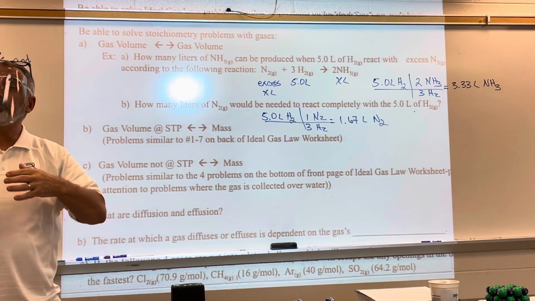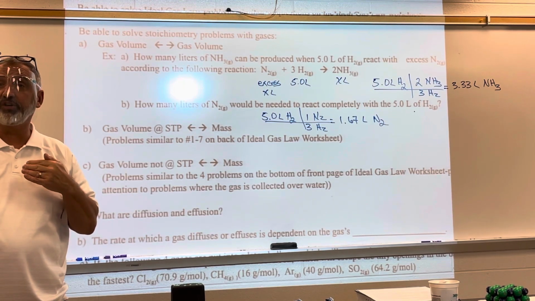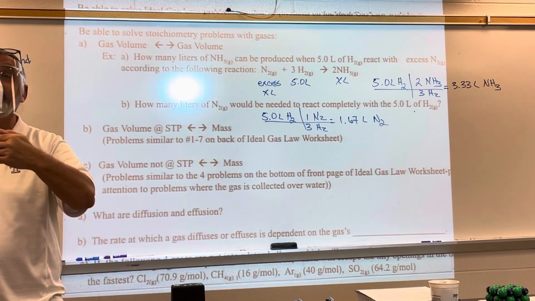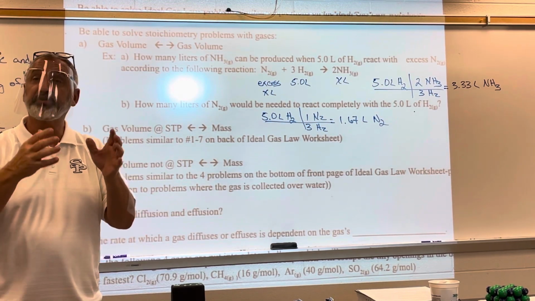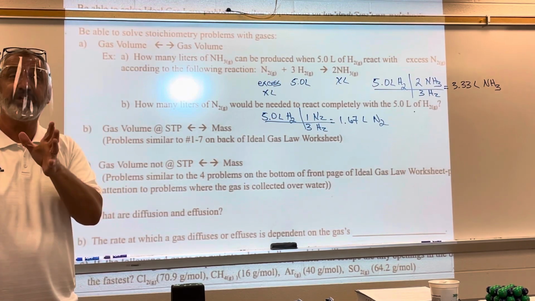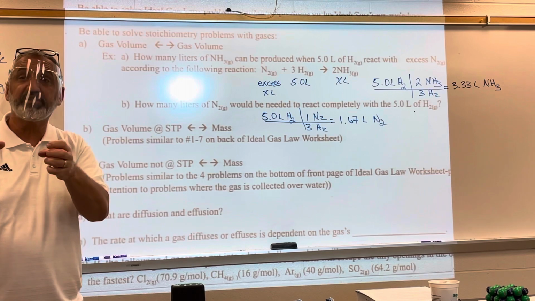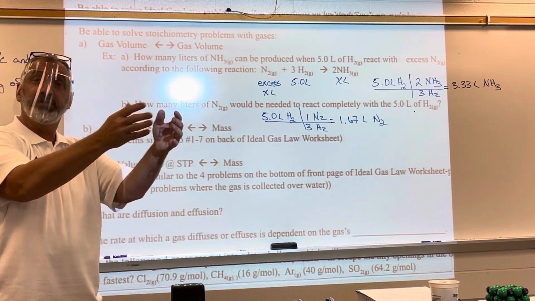But the partial pressure of nitrogen is the part of that 1 atmosphere exerted by nitrogen. Since nitrogen is 78% of the air molecules, the partial pressure of nitrogen is going to be 0.78 atmospheres. The partial pressure of the oxygen is going to be 0.21 atmospheres. It's the part of the total pressure that's due to an individual gas.